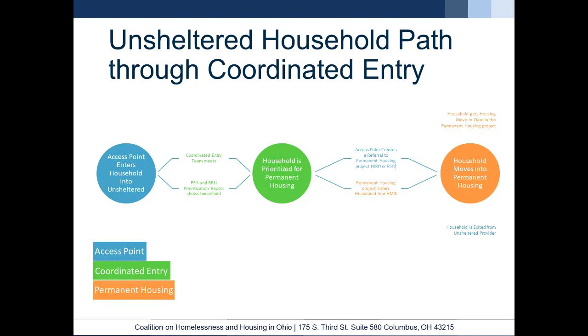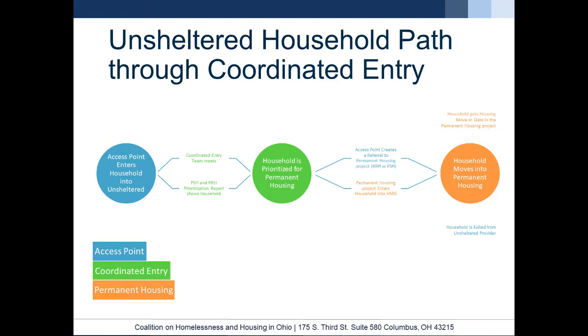So once that household has been prioritized for permanent housing, whoever entered that client will then enter a referral for that client to whoever it was decided would house them.